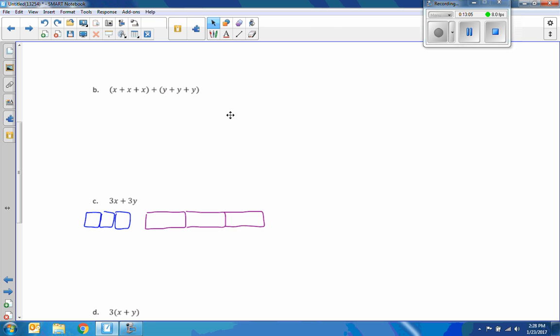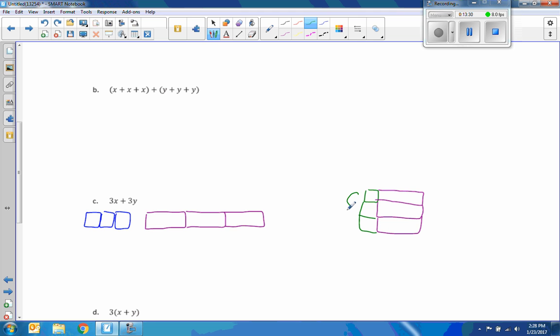Or I could draw it like this. I could say, here's x, here's y, and I need 3 of them stacked up. So I could do it as an array, where this is 3, and this is x.